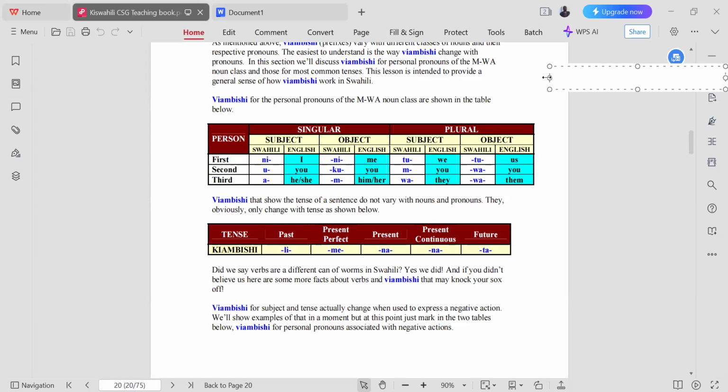Now you see the two columns, there's still the word ni, now on the object. Now we put ni, which means me. You remember when I say ni can mean I or me.